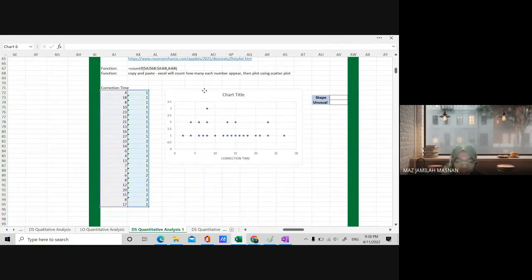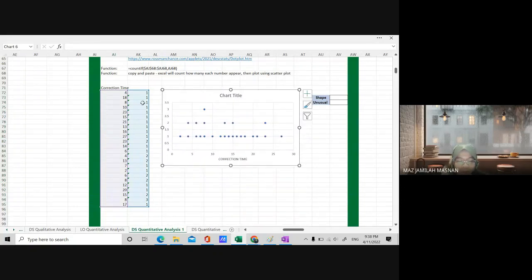You have to count how many times this particular value appears in the data set. For example, 13, you got 2: the first 13 here, the second 13 here. And then 23, the first one here, the second one here.